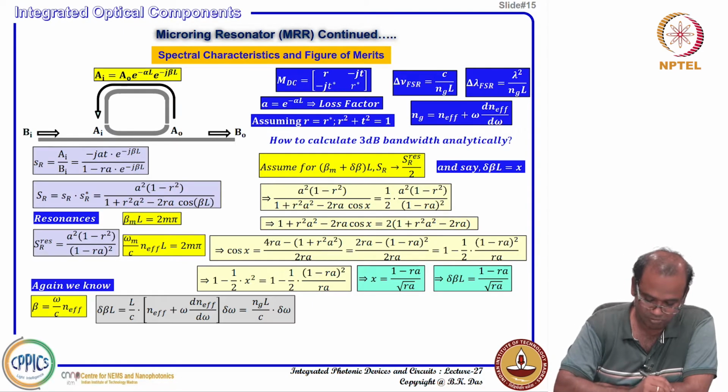Now, you do one more thing. We know that beta equals this one. We try to find out, you just make a differentiation of delta beta L, L you are multiplying on both sides, that means beta L equals omega L by c times n effective.